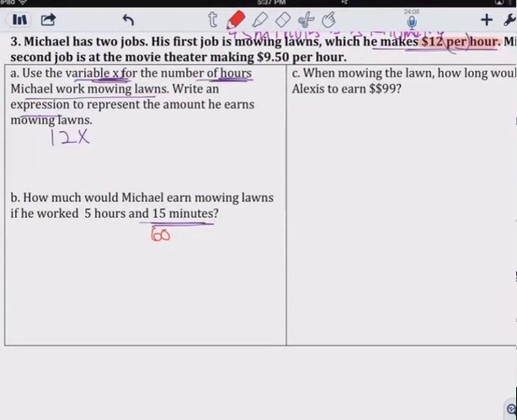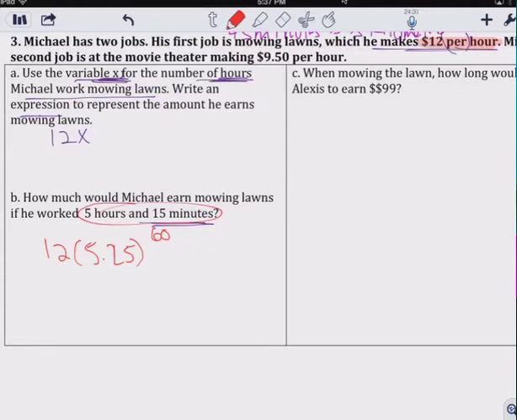So basically 12 times 5.25. 15 minutes is 0.25 of an hour, so it's 5.25 hours.